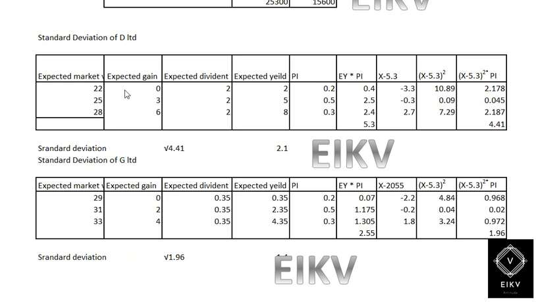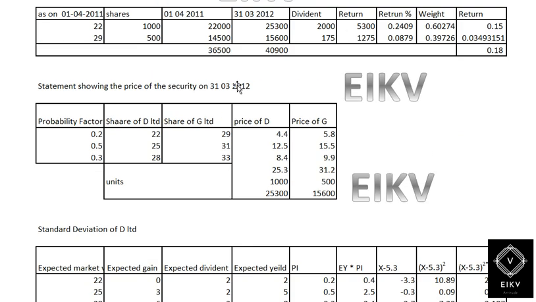Now we need to compute the gain. So the gain should be the expected market price minus the price at the beginning of the year, which for company D would be 22, right here we'll check it.